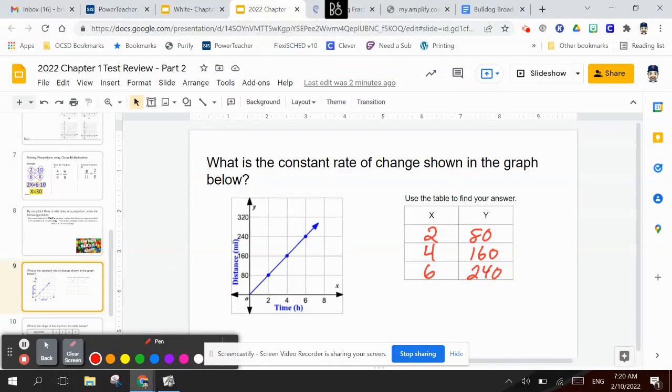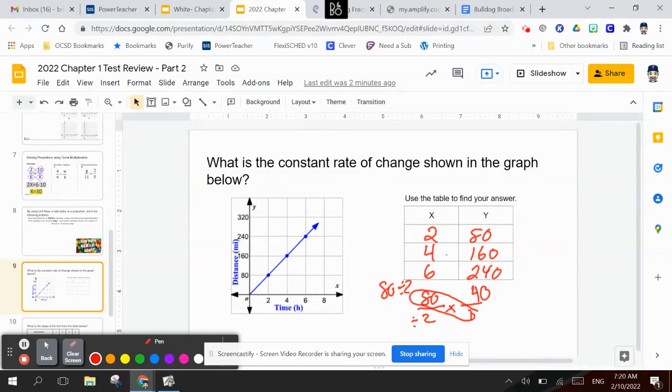So to find our rate of change, we want to go how much is 1. So if it goes up 80 for every 80 miles in 2 hours, how far would it go in 1? So again, 1 times 80 is 80. I want to divide that by 2. It's the only number left. So that means it would go up 40.